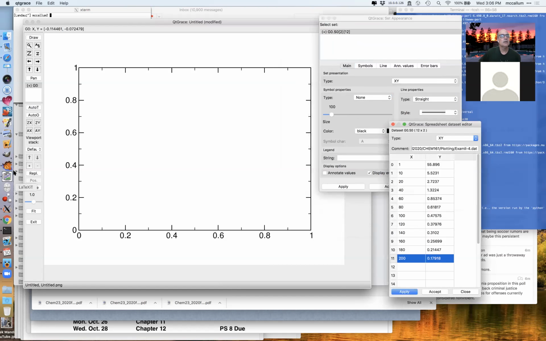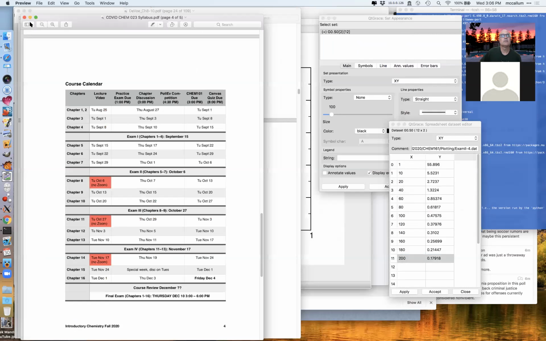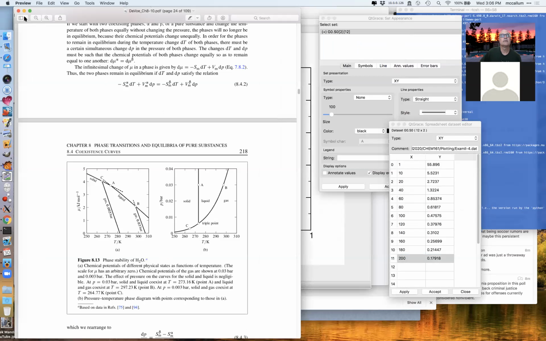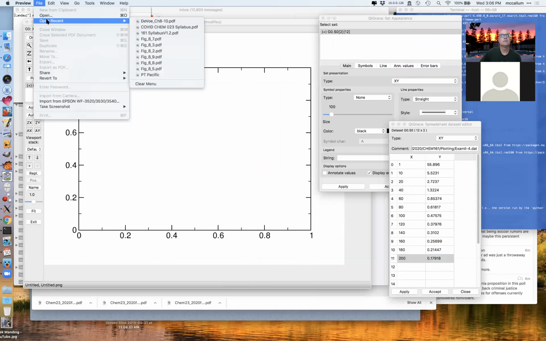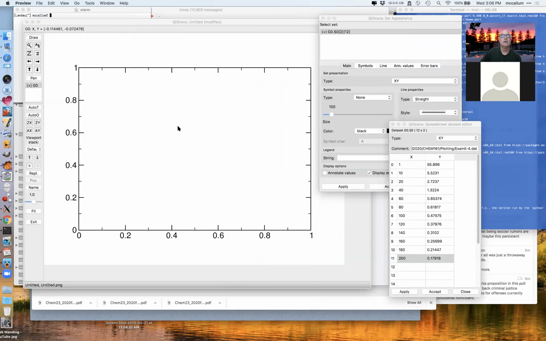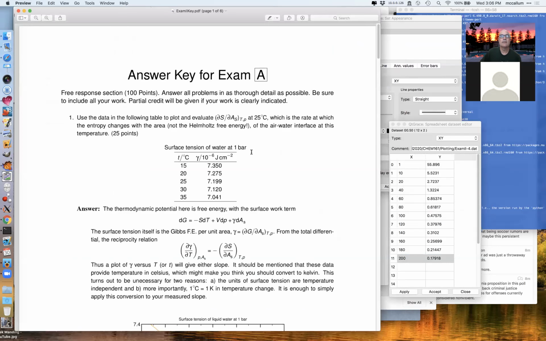So let me look, I'm going to have to find it here. I have the exam key here, it's probably the easiest way to look at it. If you look at the data, here's the data originally.